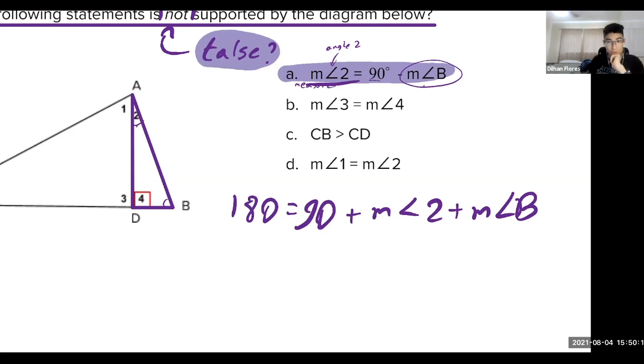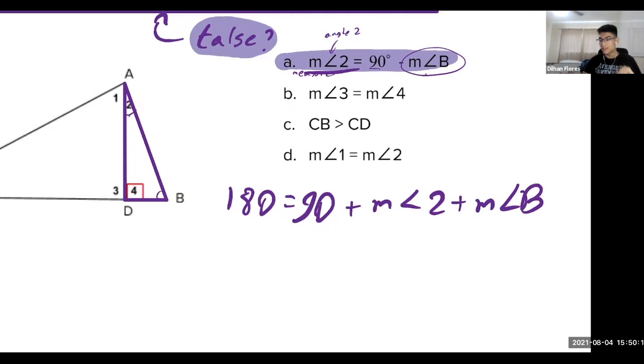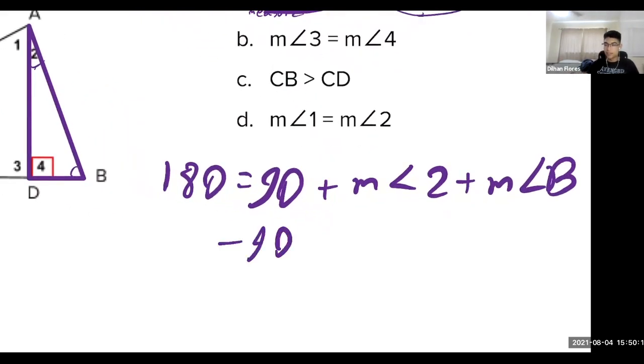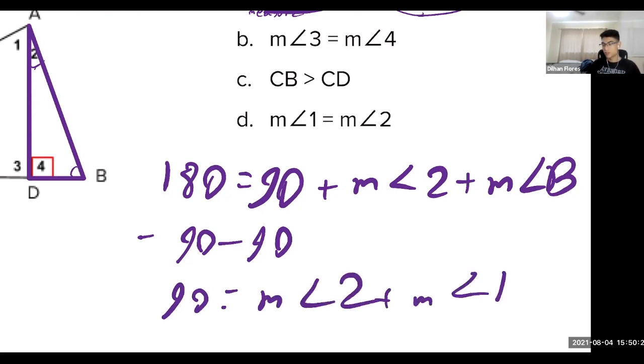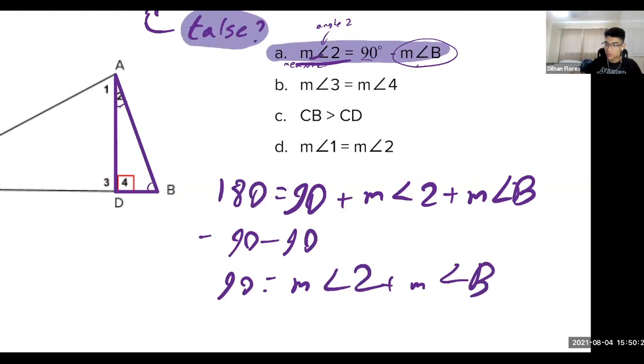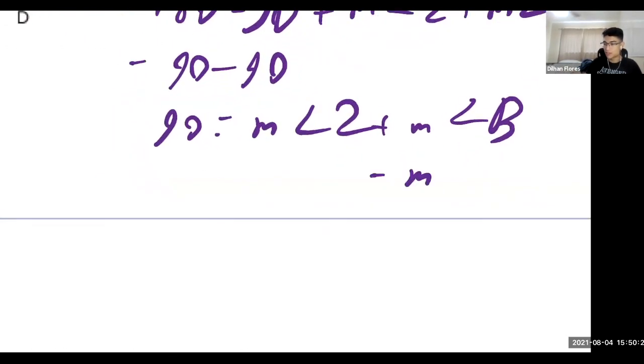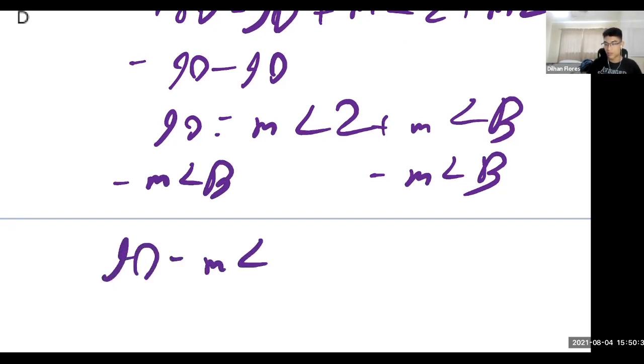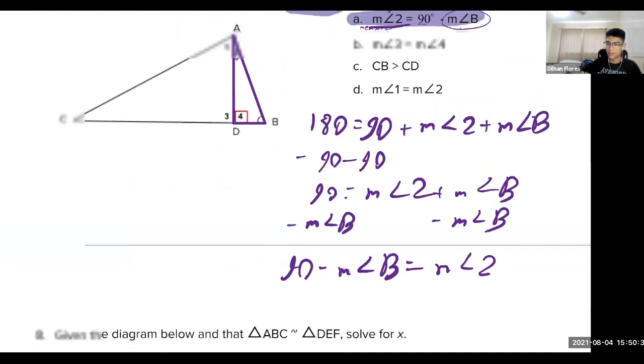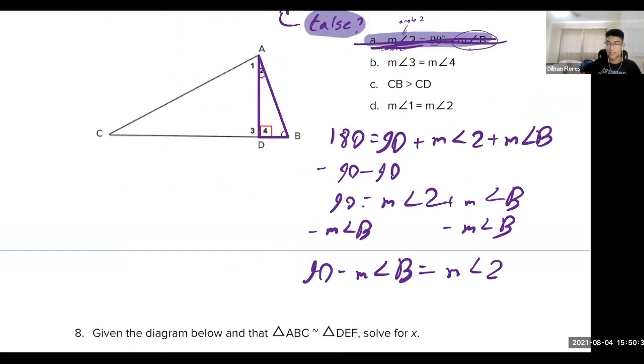It is absolutely true. Okay, let's prove it. Subtract 90 from both sides. We're left with 90 equal to the measure of angle 2 plus the measure of angle B. Solve for the measure of angle 2, and we just subtract, and we have 90 minus the measure of angle B. Well, that's the measure of angle 2, and isn't that what we had here? So it's for sure not A.